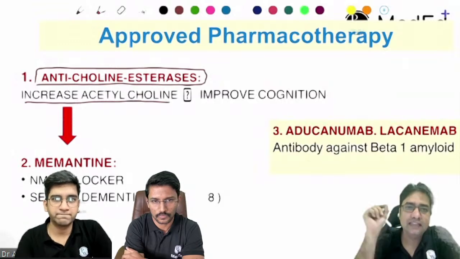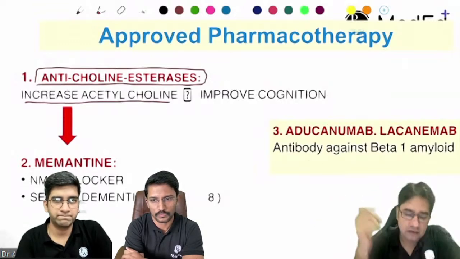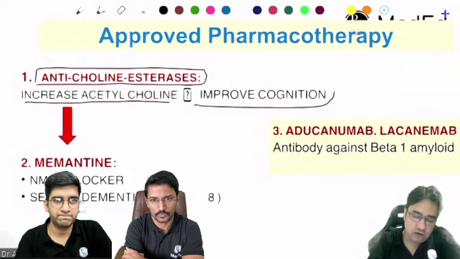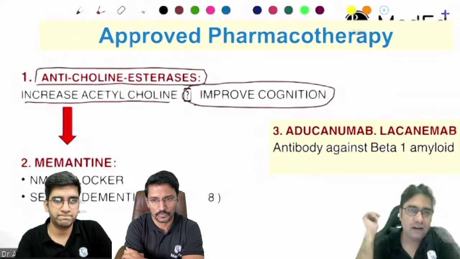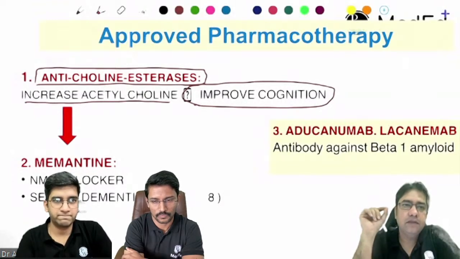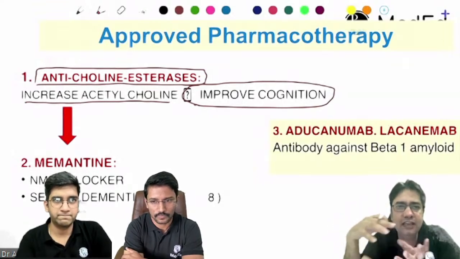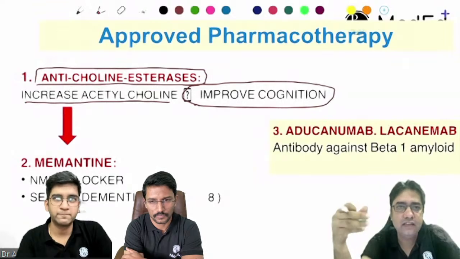And remember, acetylcholine, especially in the hippocampal area or nucleus of Meynert, improves memory. Overall, memory is not the right word to use; it's better to use the word cognition. So it improves cognition.